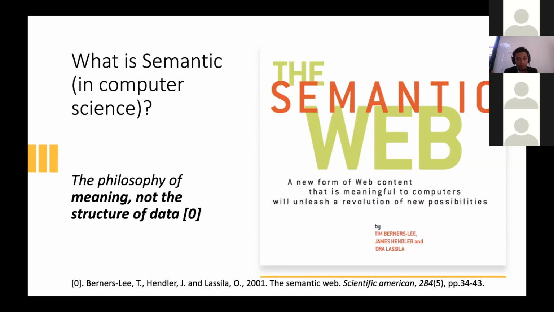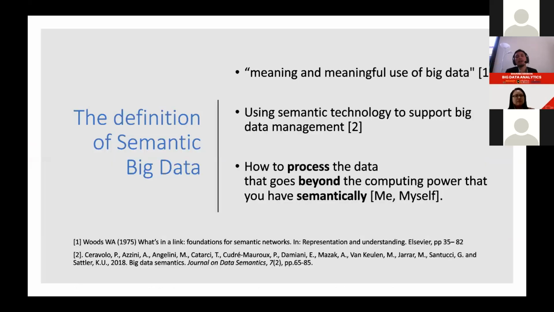If we combine semantics and big data, we have three possible definitions. The first definition, I borrow from Wood, 1975. So it's quite old, because big data is a new term. The definition of semantic big data is meaning and meaningful use of big data. And then the recent definition of semantic big data is from Cherafolo, 2018.